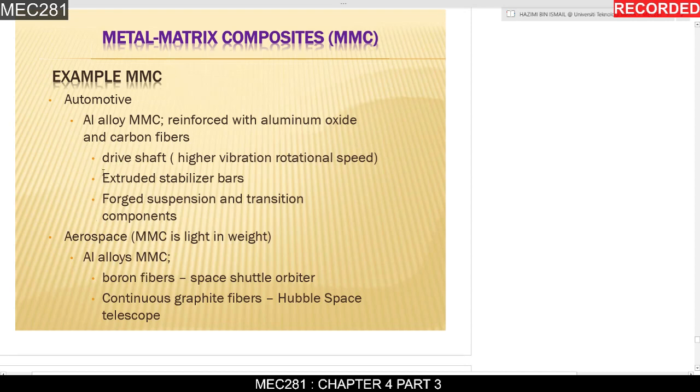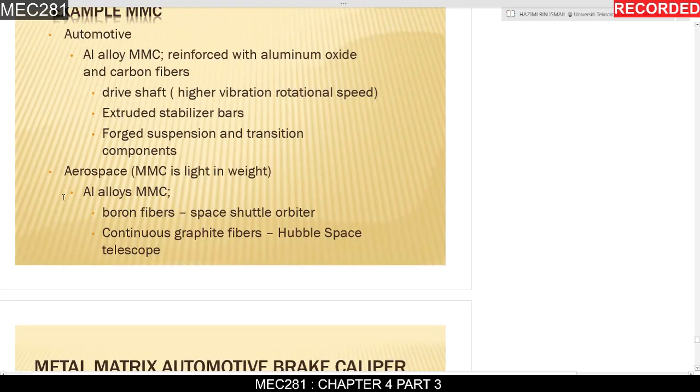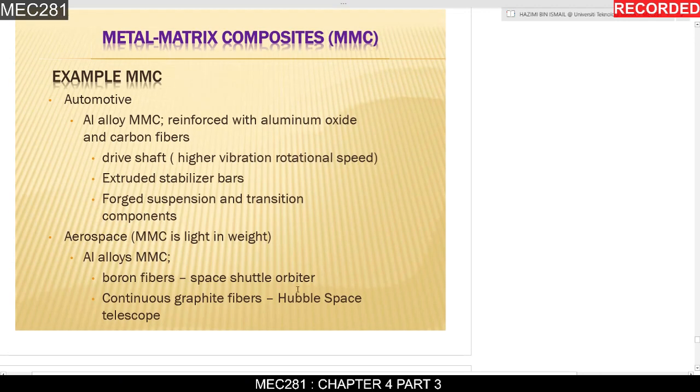These are the parts in the automotive that use the MMC: drive shaft, stabilizer bar, suspension and transmission component, and so on. And for the aerospace, we have boron fiber for space shuttle orbital, and continuous graphite fiber for the Hubble Space Telescope. Hubble ni dah rosak sekarang kan? Kalau tak tahu lagi, cuba check. Hubble dah di retired, dah diberhentikan fungsi dia lah.